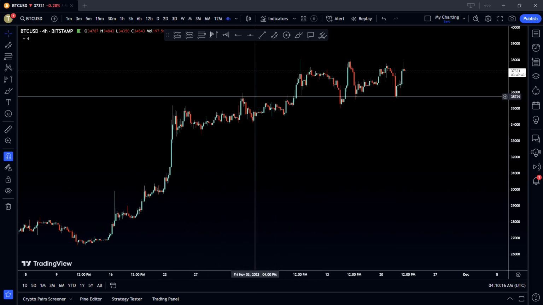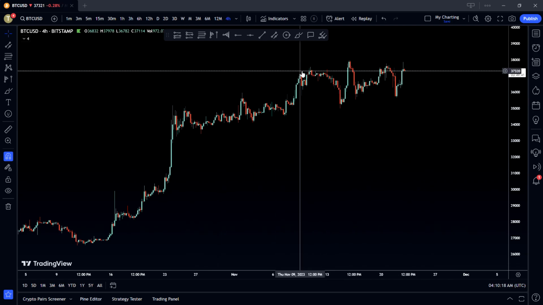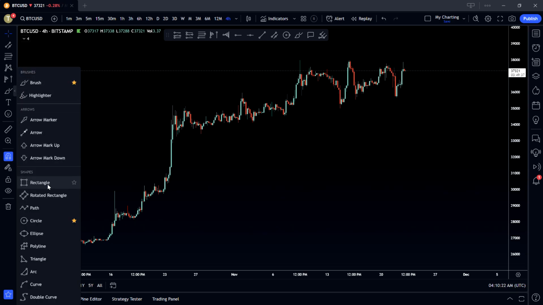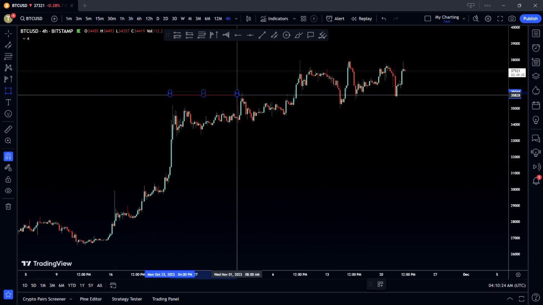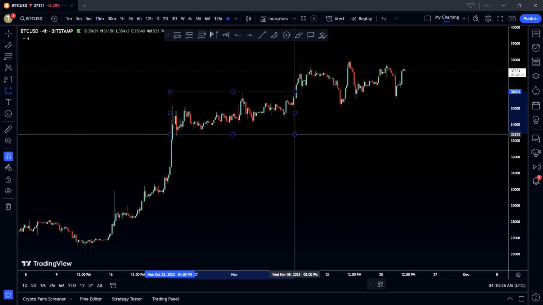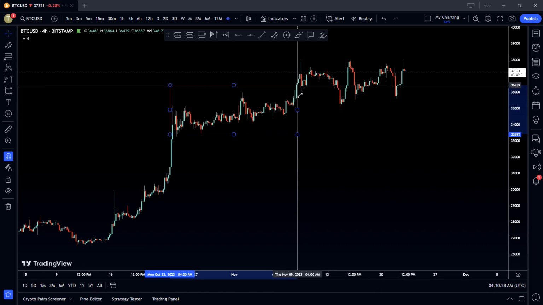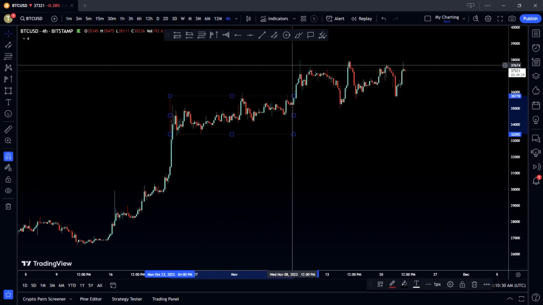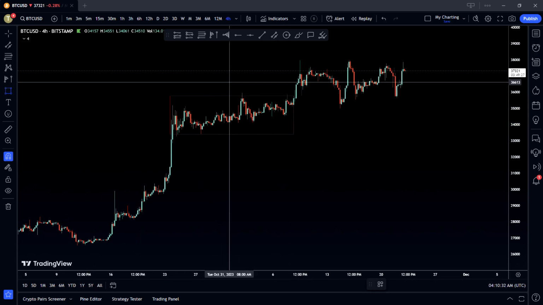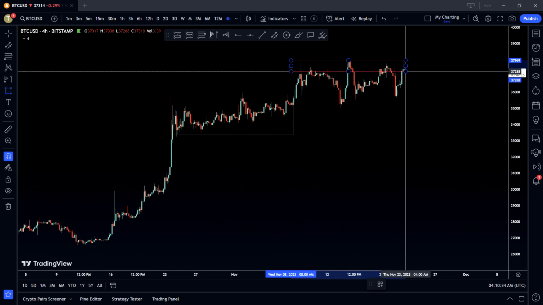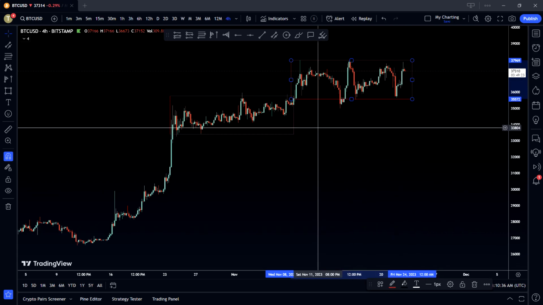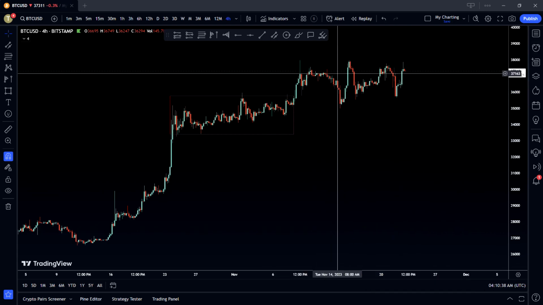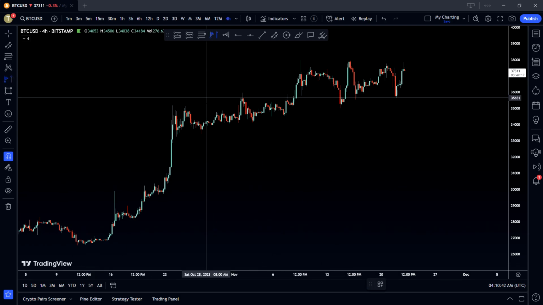Essentially, we had a break above this high, causing all this right here. So this is its own little area, and also this is its own little area. Now that's just diving deep.